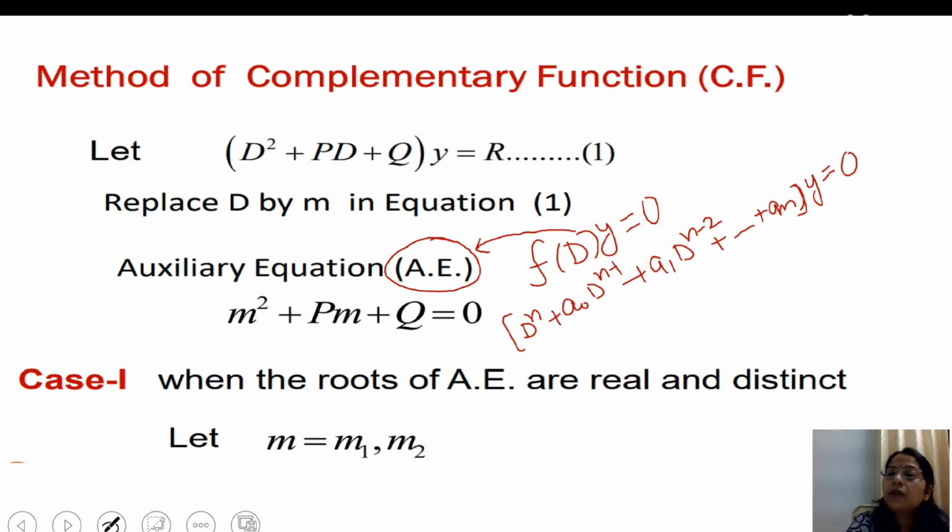Why have I written 0 here? Because we are going to find the CF. So for that we always take the right hand side as 0.